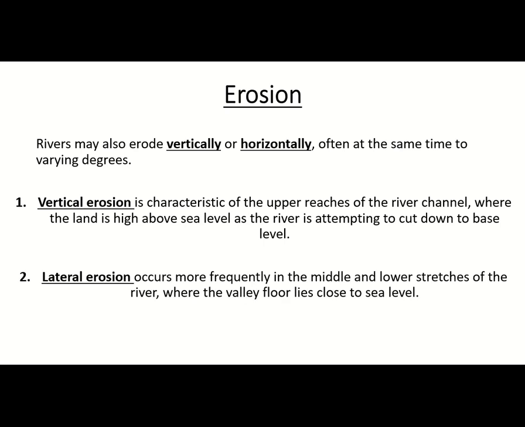So that occurs more regularly in the middle and lower courses of a river, where the valley and the floor of the river channel essentially lies closer to sea level, and that's all because of that reduced gravitational potential energy. So write that one down, and once you've written that one down, then I'll skip to the next slide.